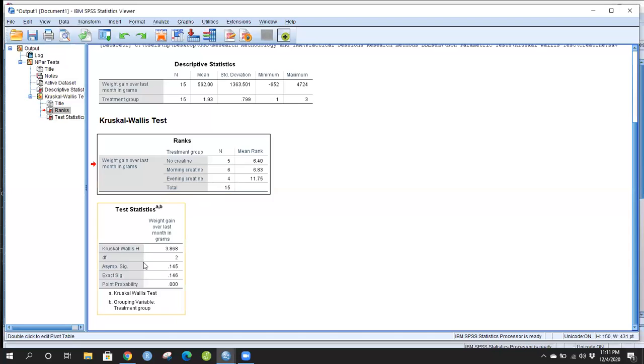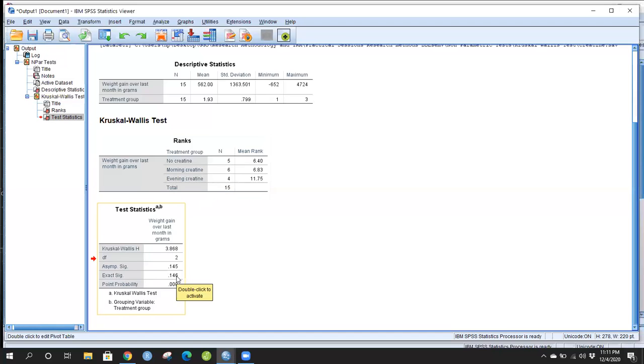Now you come to this final test and look at the p-value, the exact significance, 0.146. Since 0.146 is way higher than alpha of 0.05, you're not able to reject the null hypothesis. That means the differences in the mean weight gains are not statistically significant.